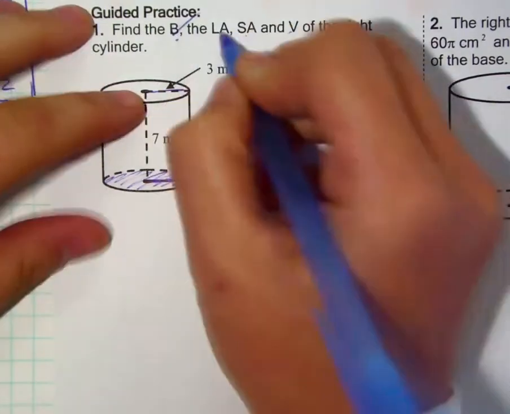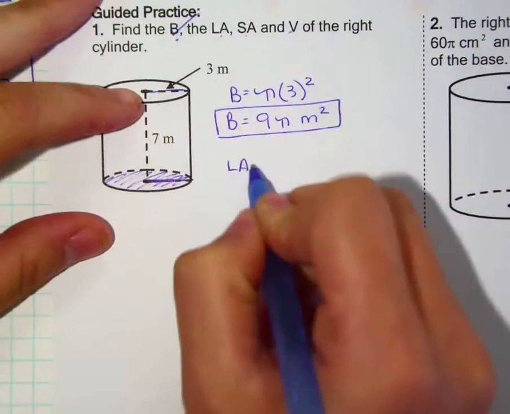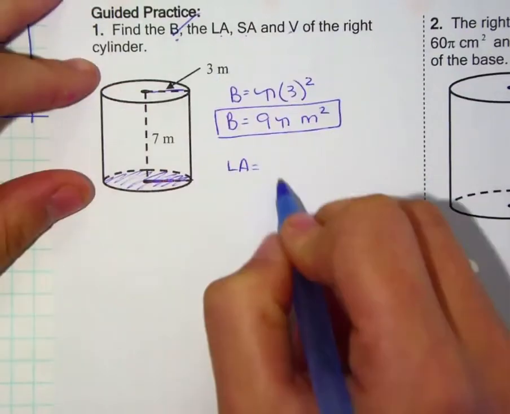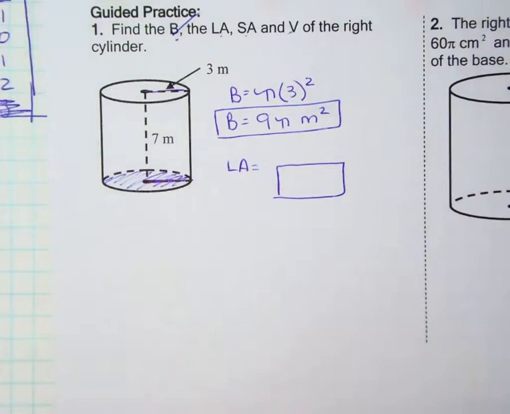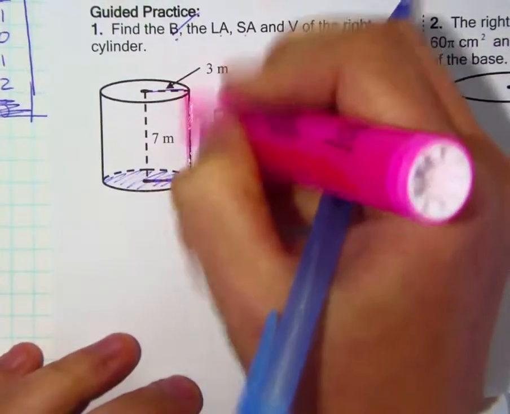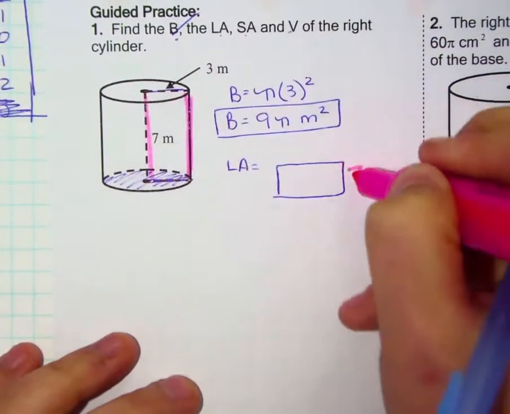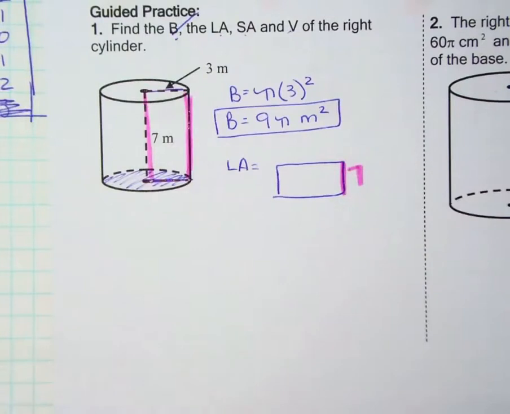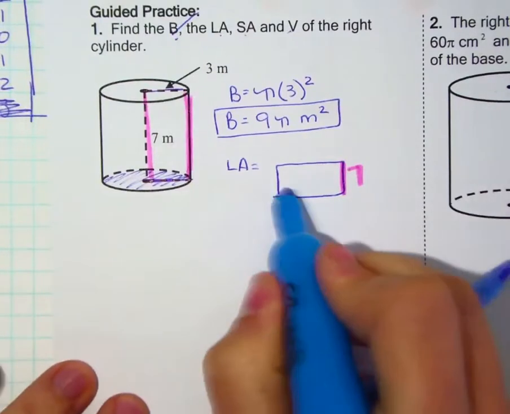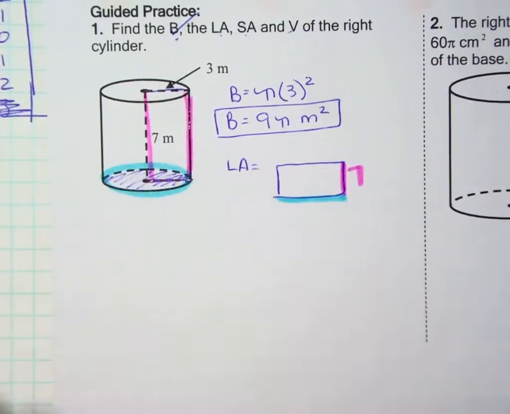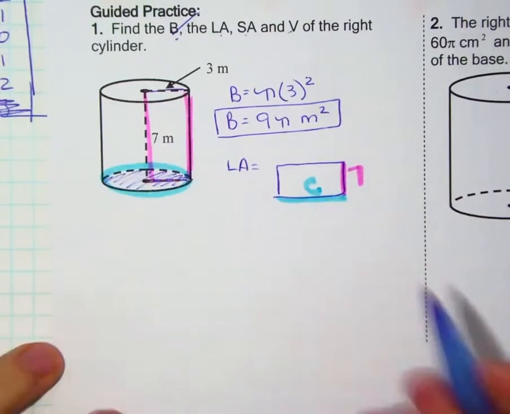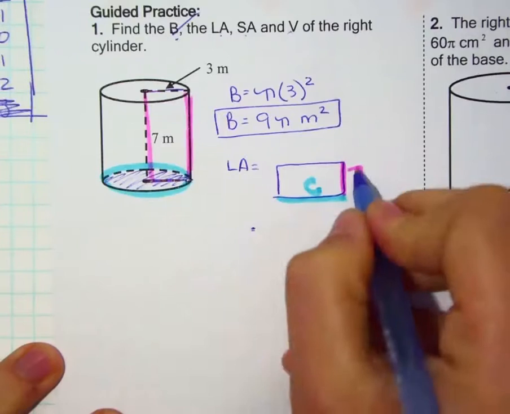Okay, we're going to find the lateral area. I'm actually going to draw the picture. I know it's a rectangle where the height is 7 and the length is the distance around the base, which is the circumference.